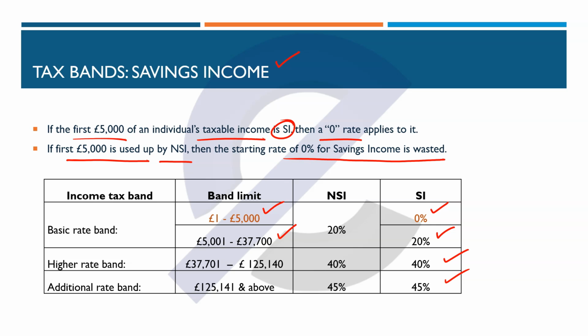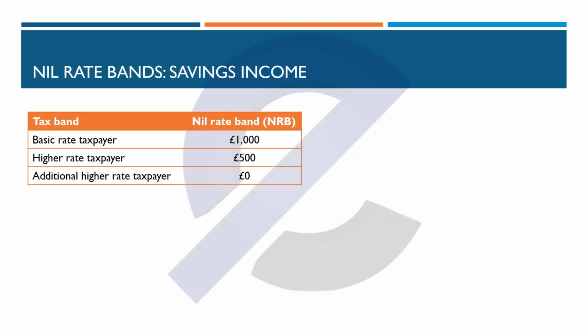An additional concession that is available for both savings income and dividend income is the concept of nil rate bands. But the rules for each category of income are slightly different. In the case of savings income, if a taxpayer's total taxable income from all categories of income falls in the basic rate band, then the taxpayer can claim a nil rate band on the first £1,000 of their savings income.